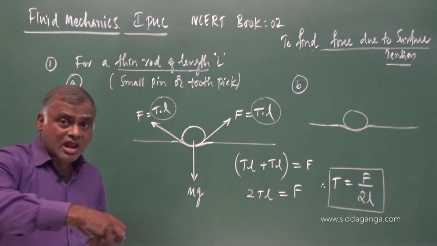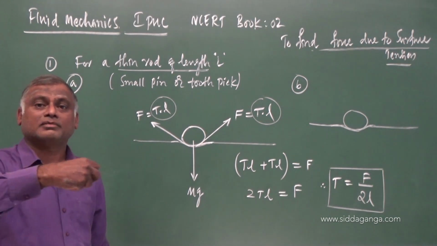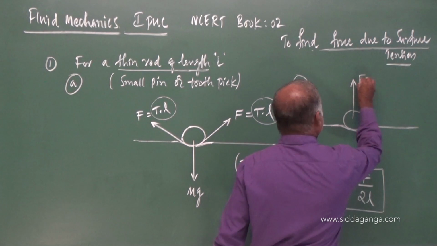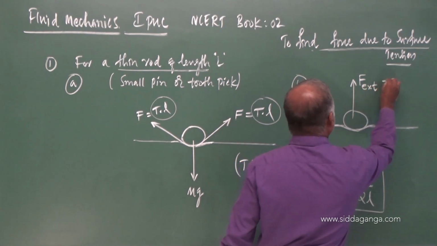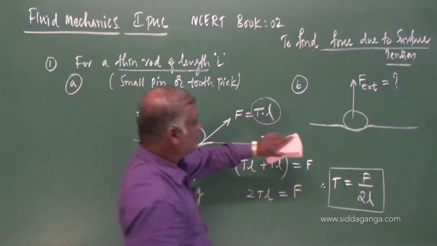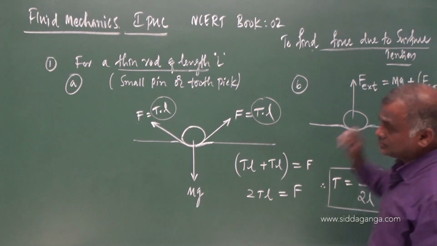Now I want to lift. Means I need some external force here. That external force needed is how much? Obviously, this external force needs to be weight plus force due to surface tension.